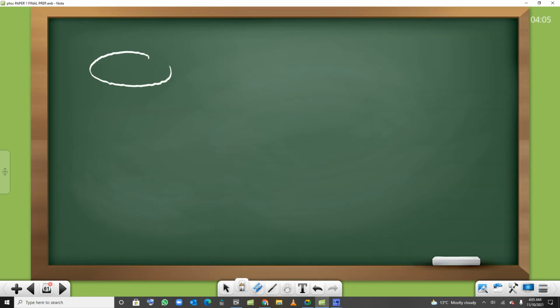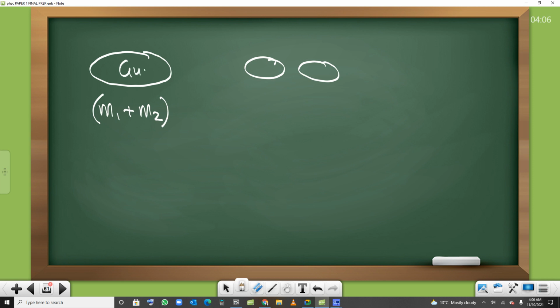Wait. They were together. Are you with me? And now, separate. So it means m1 plus m2, this is the gun now, right? vi would be equal to m1 vf1 plus m2 vf2.